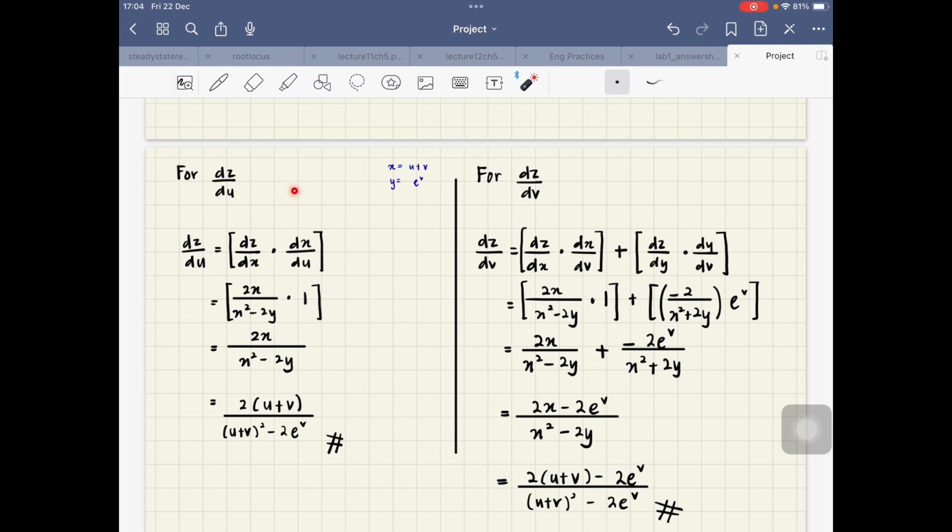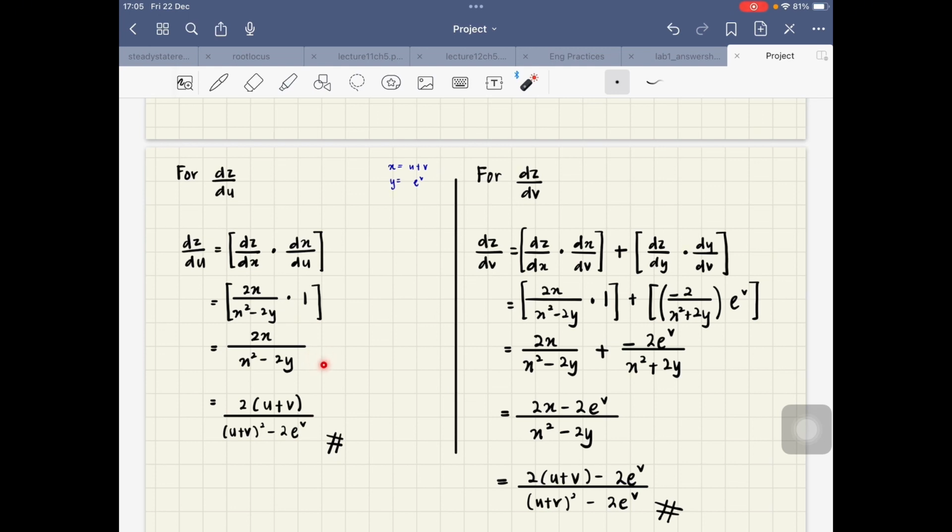From the tree diagram, dz/du is dz/dx multiplied by dx/du. From the calculation before, dz/dx is 2x over x squared minus 2y, multiplied by 1, which is dx/du, and we got the answer 2x over x squared minus 2y.